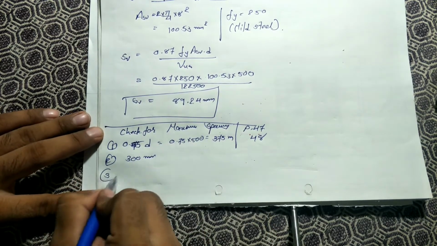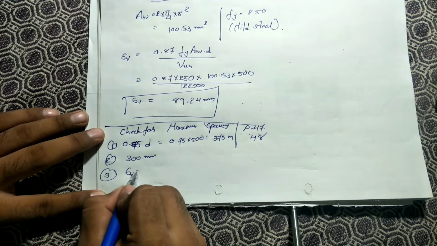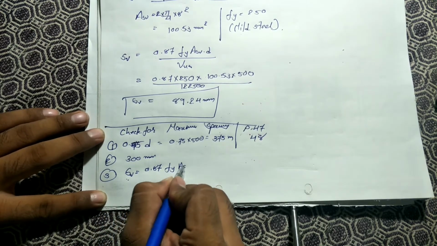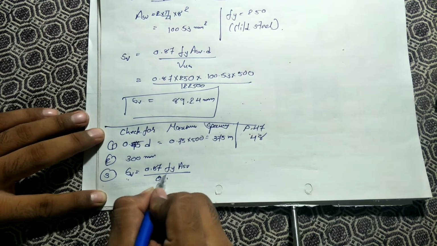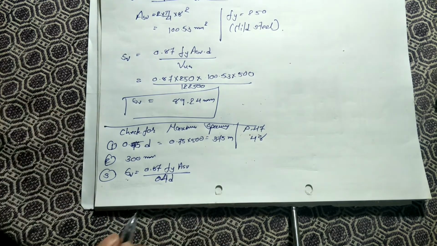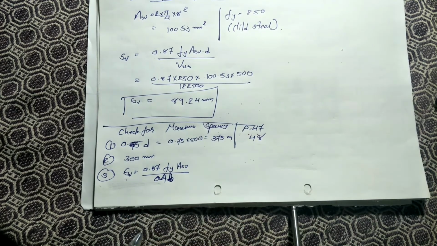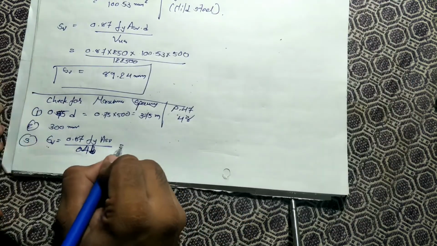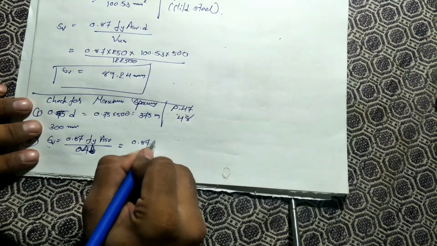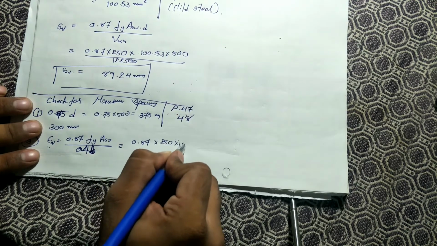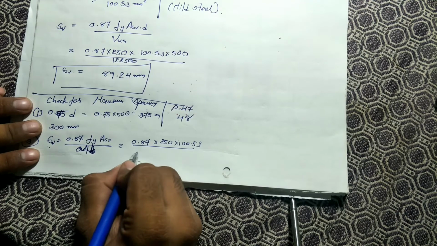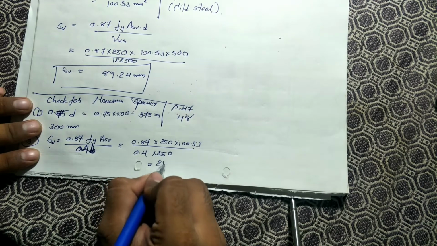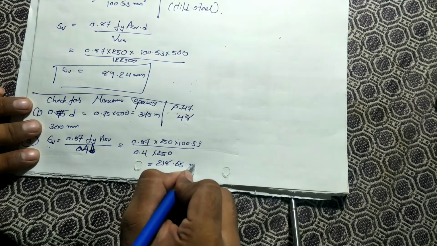Third condition, the minimum shear reinforcement requirement, is this equation: 0.87 fy Asv divided by 0.4 B. If you put all the values, it is 0.87 into 250 into 100.53 divided by 0.4 into 250. So we get the answer 218.65 mm.